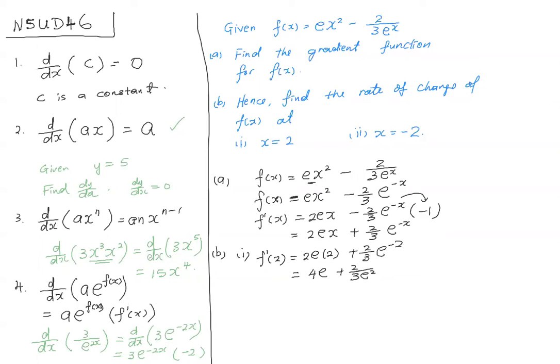Now, based on this value, when x equals 2, this is not part of the question, this is extra, the rate is 4e plus 2 over 3e squared. Can you tell me whether y is increasing or decreasing?